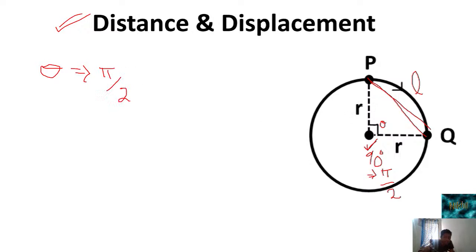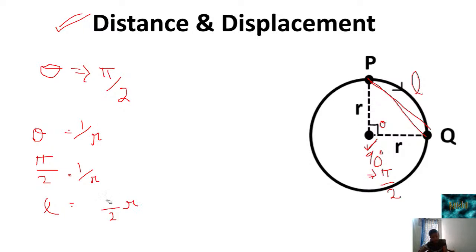To find L, we know theta is equal to L by R. So pi by 2 equals L by R. Now what will be L? L will be pi by 2 R. So we have found the distance.